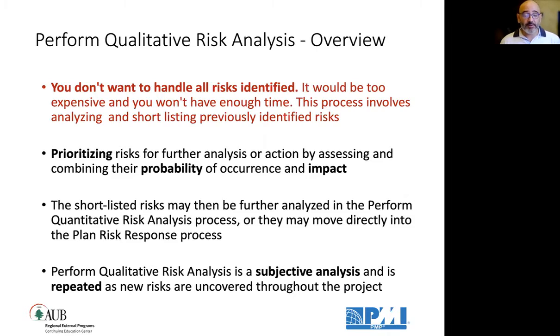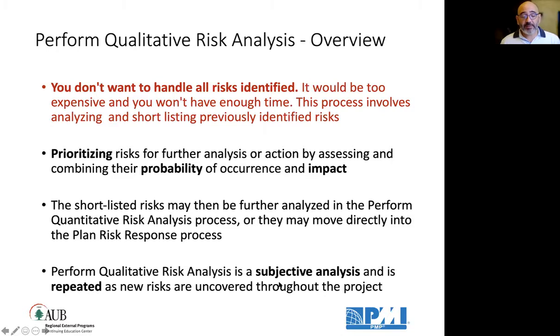So the short list of the risks can be further taken to the next process, which is perform quantitative risk analysis, after we filter them from here, or they can move directly into the plan risk response process, because quantitative risk analysis is an optional process according to the PMBOK if you don't have exposure to the cost elements and the budgeting of the process, because this is where you come up with the contingency reserve.